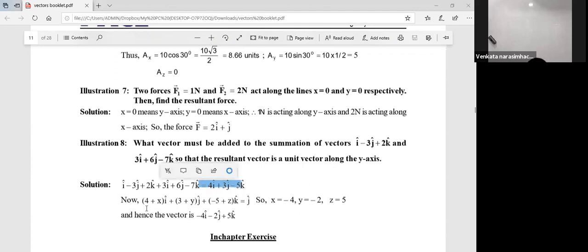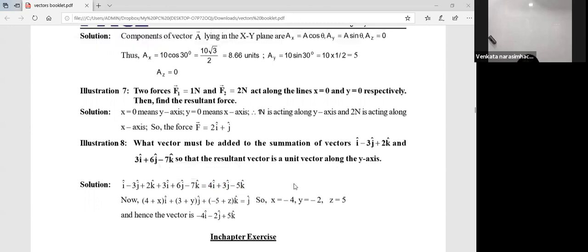For this vector, you are adding x, y, and z. Now, x plus 4 should become 0. 3 plus y should be equal to 1. Minus 5 plus z should be equal to 0. Does that make sense to you people? Yes, sir.